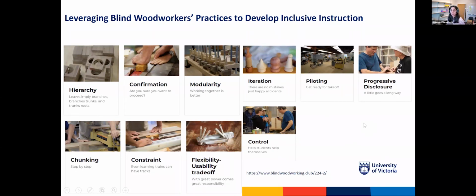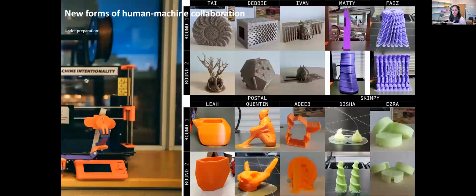Based on interactions from that workshop and member check, he put together his open resource on different principles that one can employ in order to create inclusive woodworking workshops. You're welcome to check out this link, and I'm happy to provide it later in the chat as well. And I'm interested in continuing along those lines, thinking about how do we make it possible, what kind of tools to build.